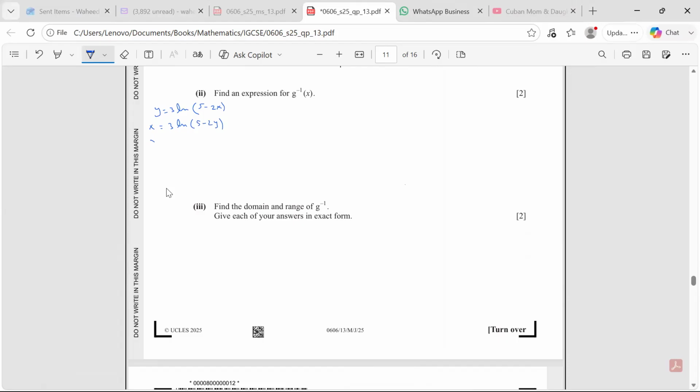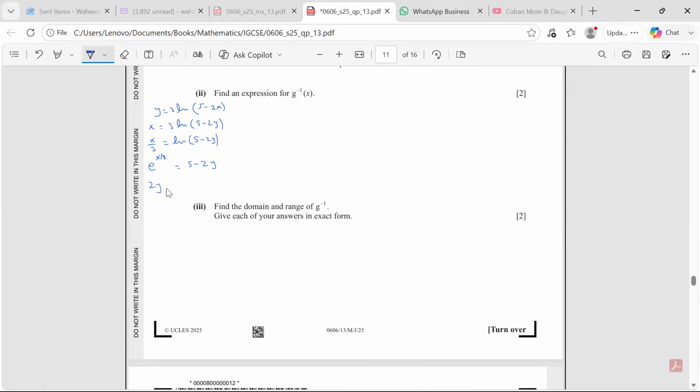So x over 3 is equal to log of 5 minus 2y. Now, if you convert it from logarithmic form to exponential form, it will become e to the power x by 3 is equal to 5 minus 2y.